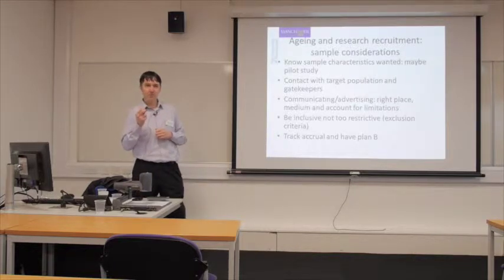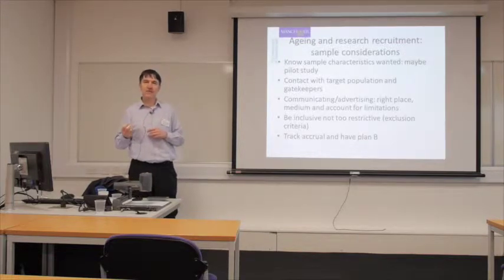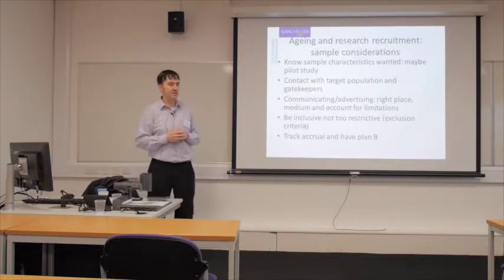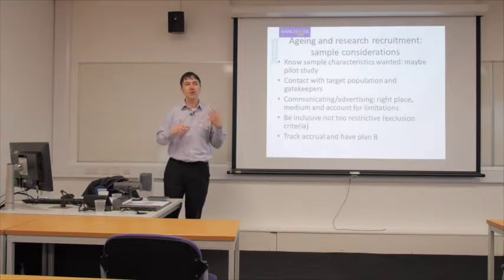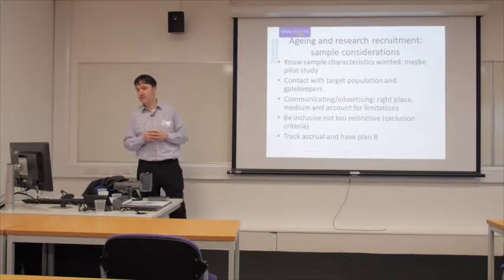And another problem that we see frequently in older adult research is failure to accrue to target sample. So, obviously, for most research to gain an adequate research outcome at the end, you want to get up to your proposed sample to explain the analysis that you want to look at.